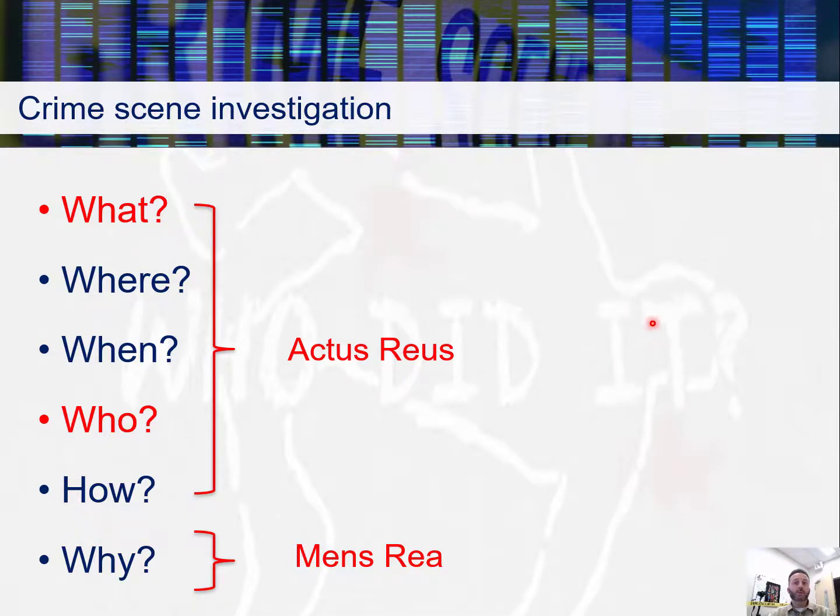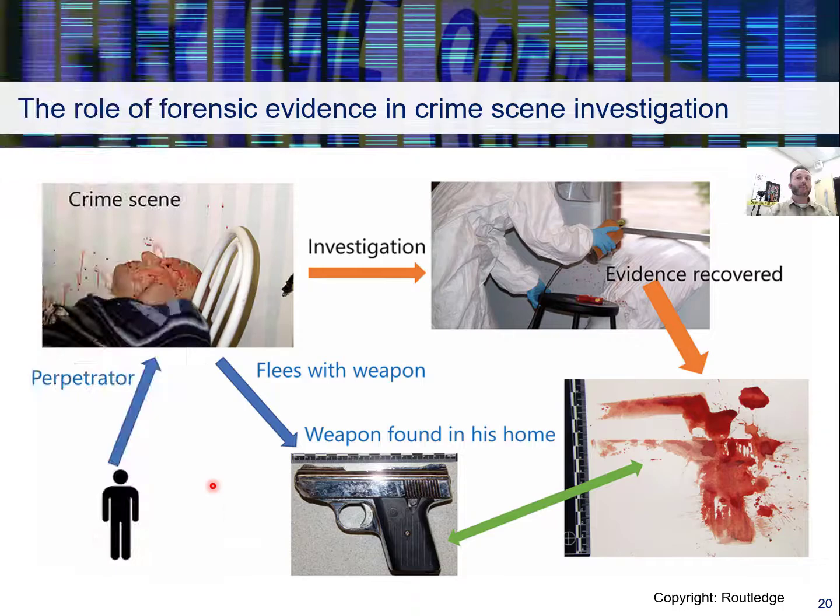In other words, which person or object has left this trace that later became evidence, and can we identify that source or not? So in this example of a fatal shooting, let's see how the evidence is created and how it can be used to link a person to a scene or an event.